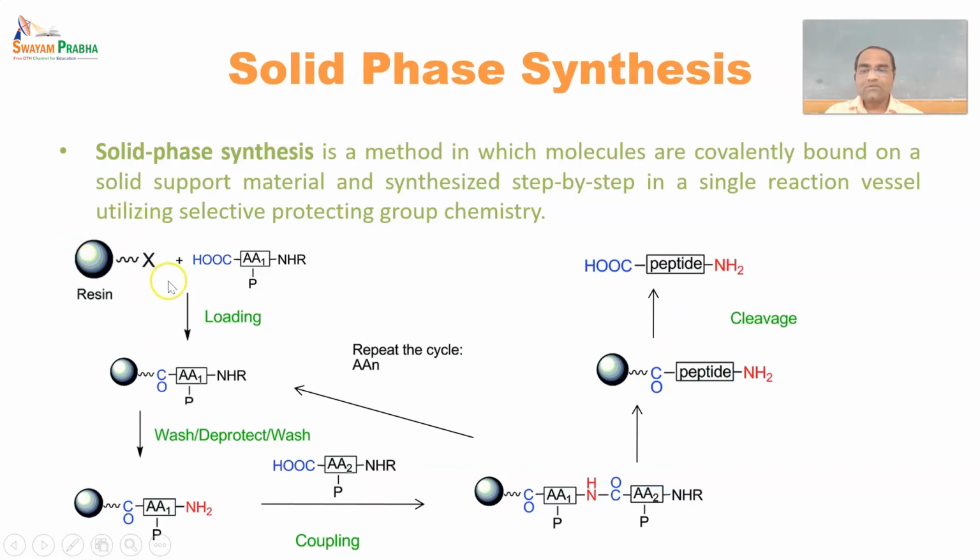The role of the resin and linker is only to help form the peptide chain, and after the desired protein has been formed, it is cleaved, and as soon as it is cleaved, the desired product is ready.